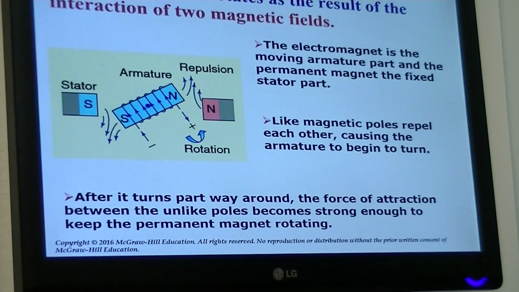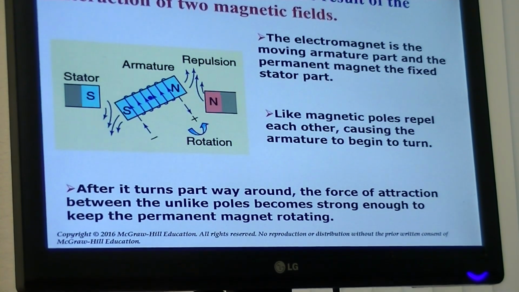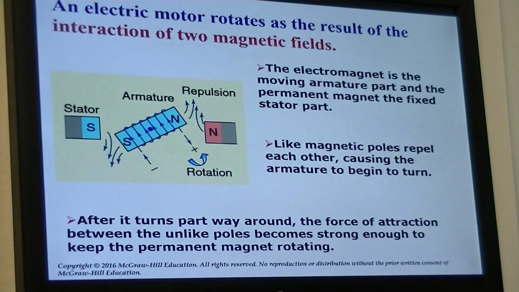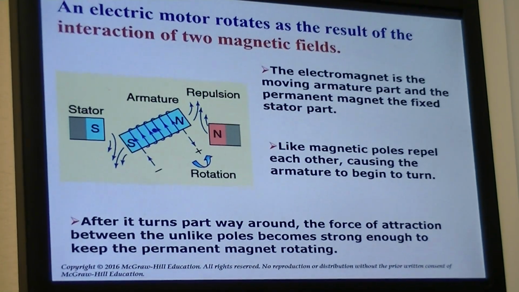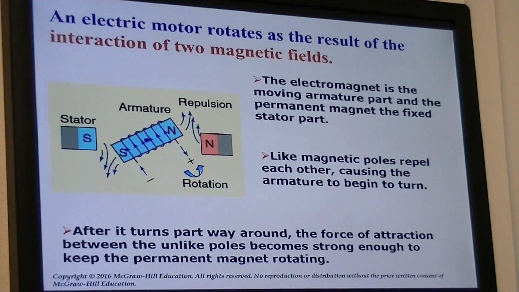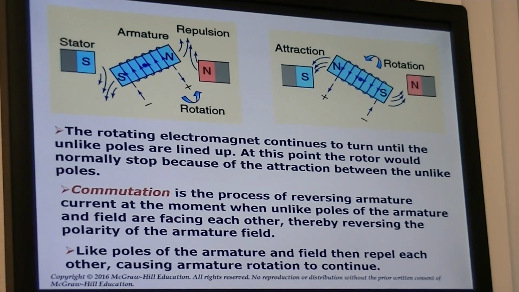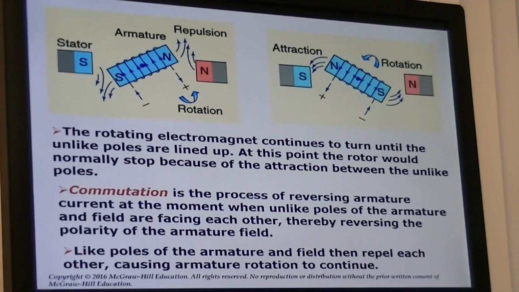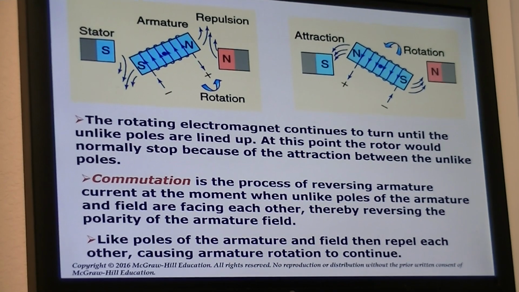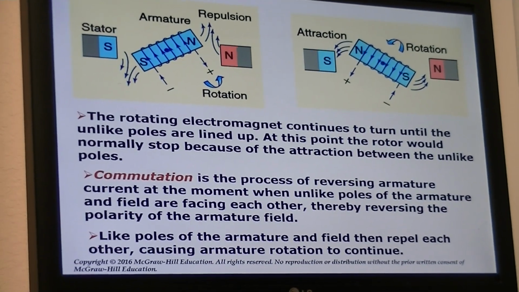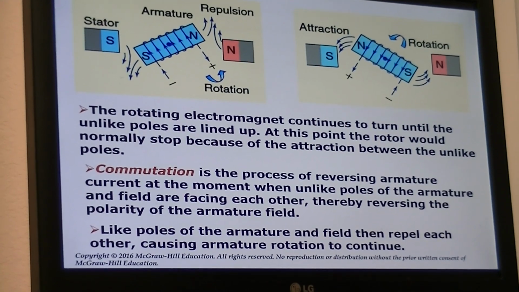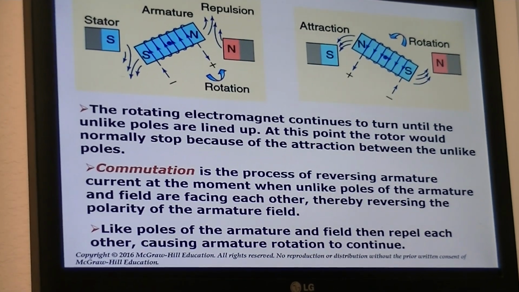After it turns part way around, the force of attraction between the unlike poles becomes strong enough to keep the magnets rotating. The rotating electromagnet continues to turn until the unlike poles are lined up. At this point, the rotor would stop because of the attraction between the unlike poles.